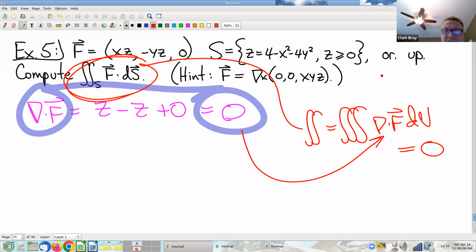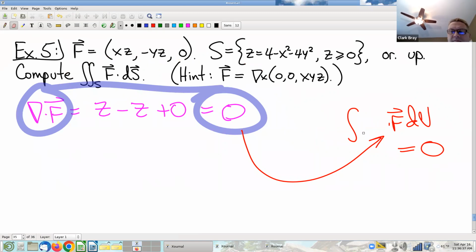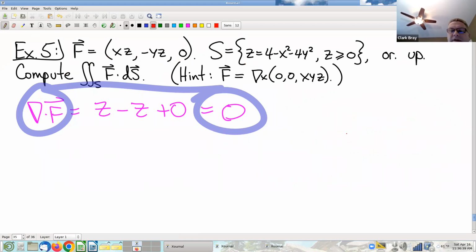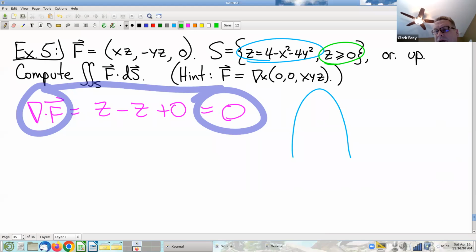In fact, this surface is not a boundary. Let's explore that real quick here. Okay, let's think about our surface. Our surface is an upside down paraboloid. We're looking specifically at the part of that paraboloid where Z is positive.